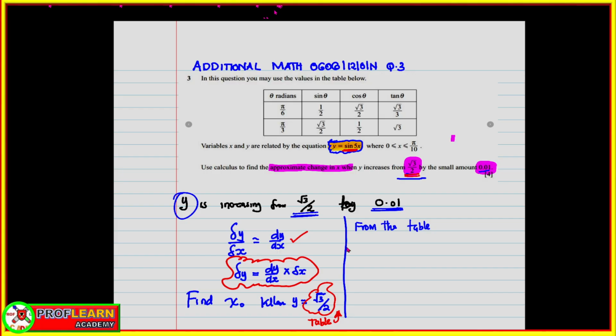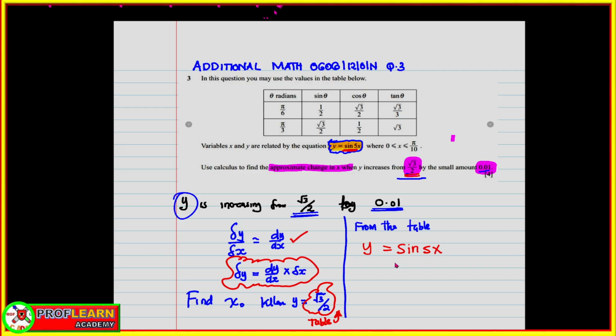So which means that if you do sine 5x naught, we are going to get... Y, we have said here, let me just go a little bit back. y is equal to sine 5x.